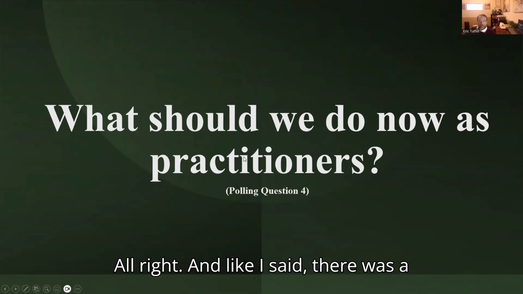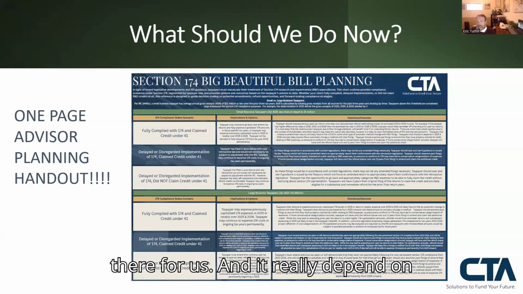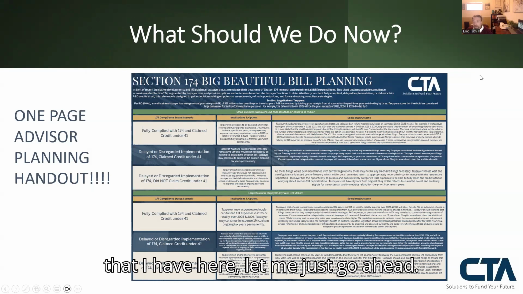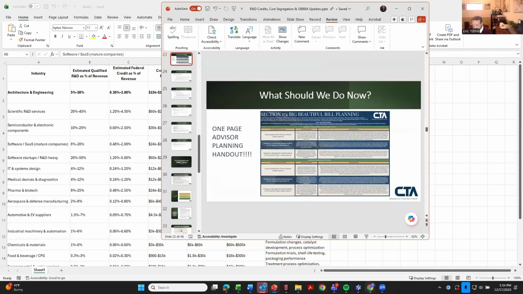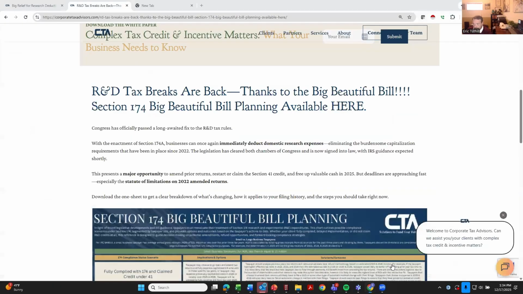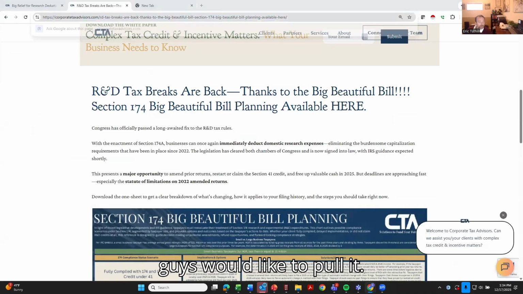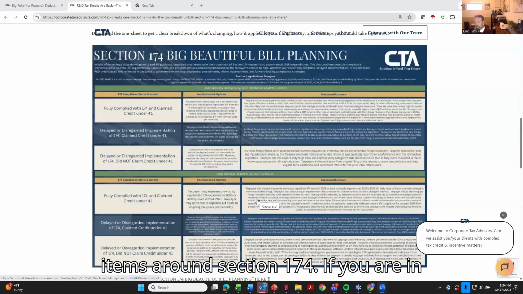All right. Like I said, there was a bunch of different options out there for us, and it really depended on what we did or what we didn't do. I have this little handout here that I'm going to put into the chat system, so if you would like to pull it, it goes through some of the planning items around Section 174.